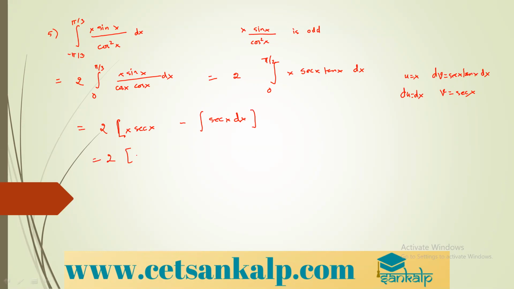So this can be written as x secant x minus log of secant x plus tan x. Put the boundaries 0 to pi by 2. When you put pi by 2, secant pi by 2 is undefined.